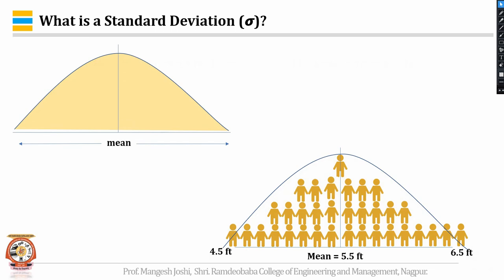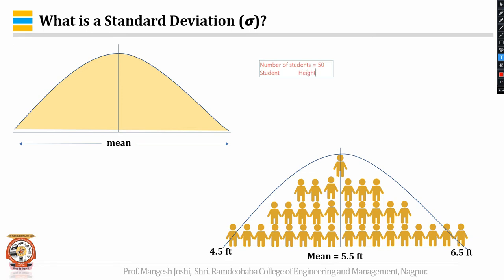Now what is the standard deviation? Let us see, suppose there are 50 students in your class. Suppose the number of students is 50, and you have recorded their heights.